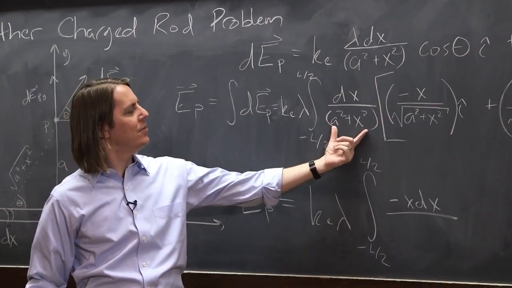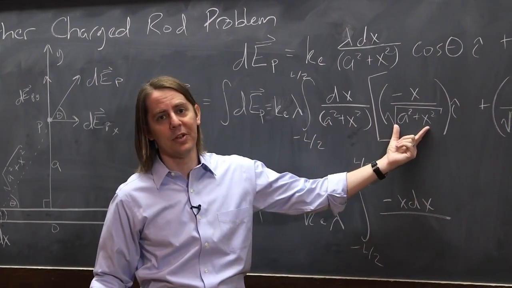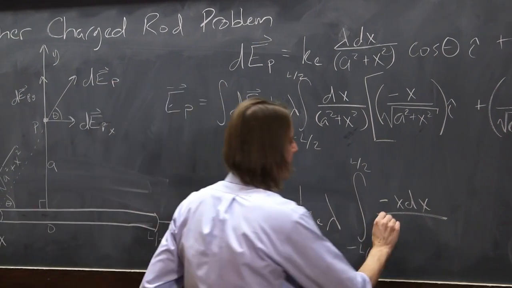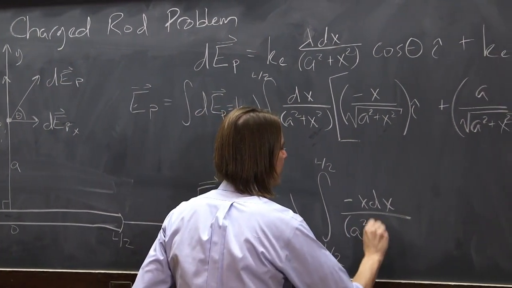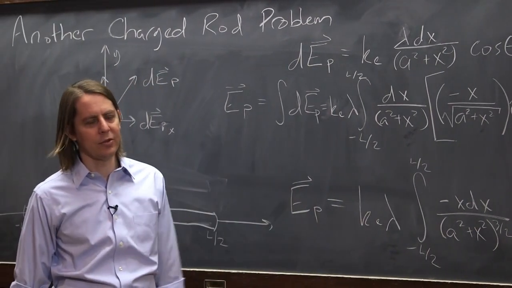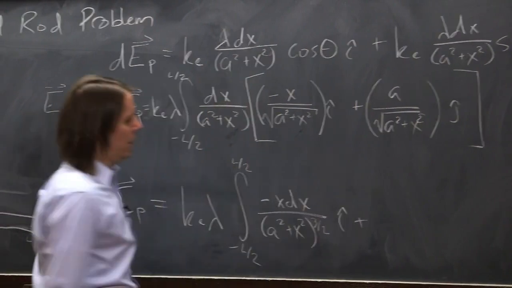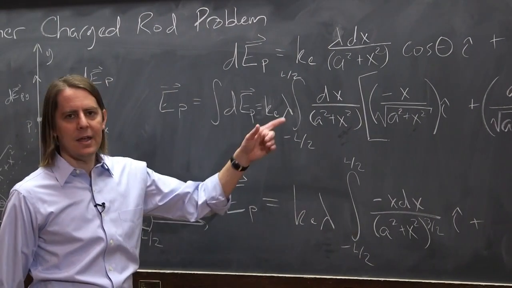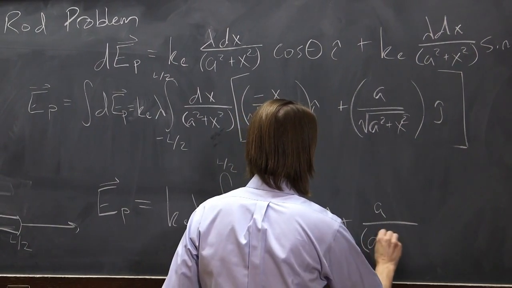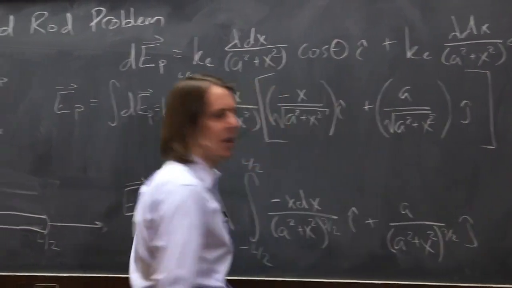This is really a squared plus x squared to the 2 halves. This is a squared plus x squared to the 1 half. So when you multiply them, you just add. That's how you get these funny things like a squared plus x squared to the 3 halves. Right? So we just combine those two denominators. And that's on the I hat, plus a over the same denominator, a squared plus x squared to the 3 halves, on the j hat.